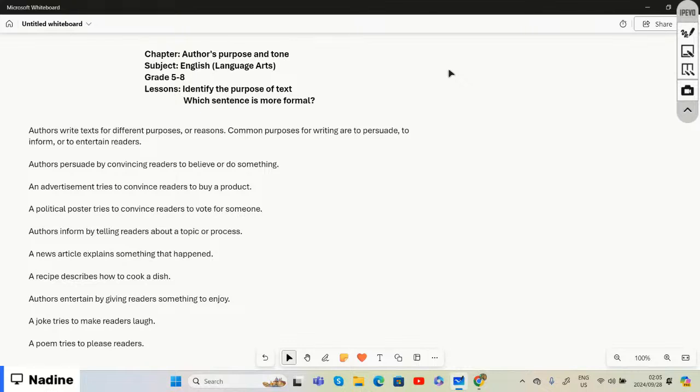We're doing grade 5 to 8. And the lessons that we are going to be focusing on under this chapter are to identify the purpose of texts and which sentence is more formal.